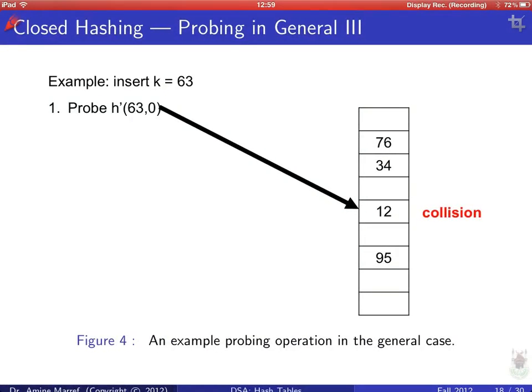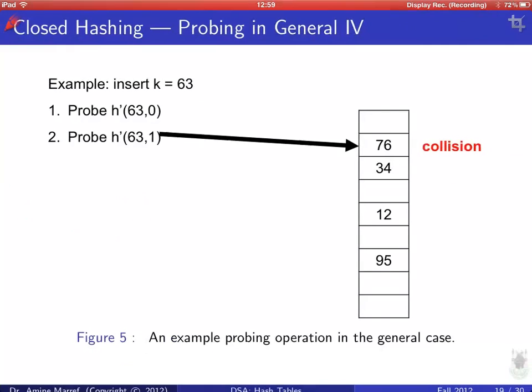Okay, so as a summary, if I want to insert in a hash table, I compute h of k. If the slot in the hash table is already occupied, then I have to move to another slot. Which slot do I move to? This is dictated by the probing sequence.